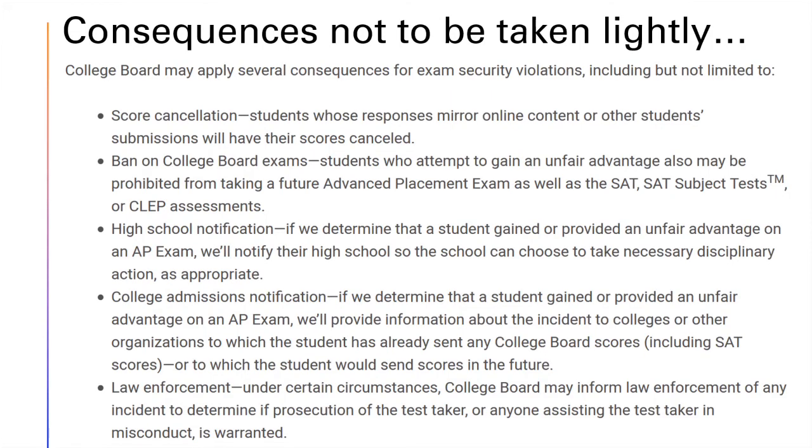College Board may apply several consequences for exam security violation, including but not limited to the following. First, score cancellation. This is a guarantee. Second, ban on College Board exams. This includes future AP exams, and College Board owns SAT and SAT subject tests.